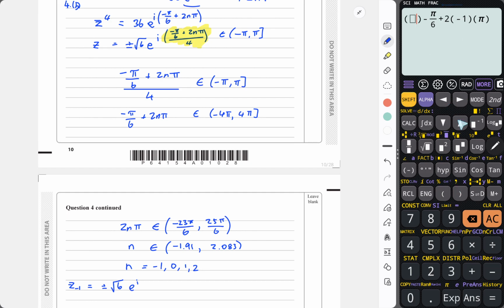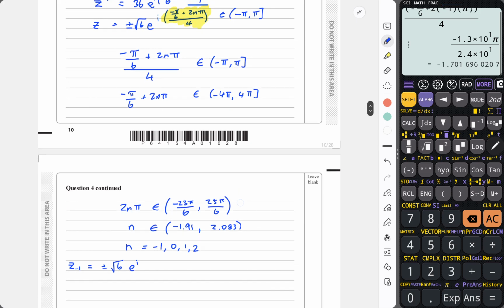Then the whole thing is going to have to be divided by 4. So that gives me minus 13 over 24 pi. My calculator has a weird way of writing it. So e to the minus 13 over 24 pi.